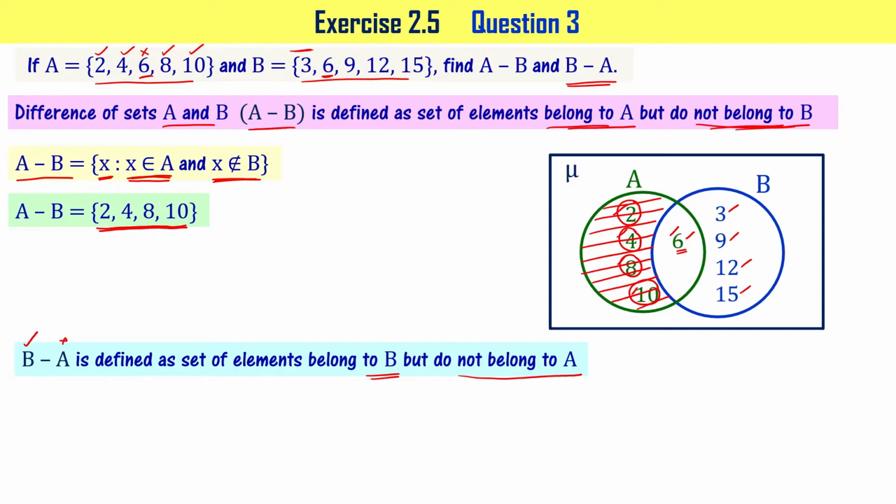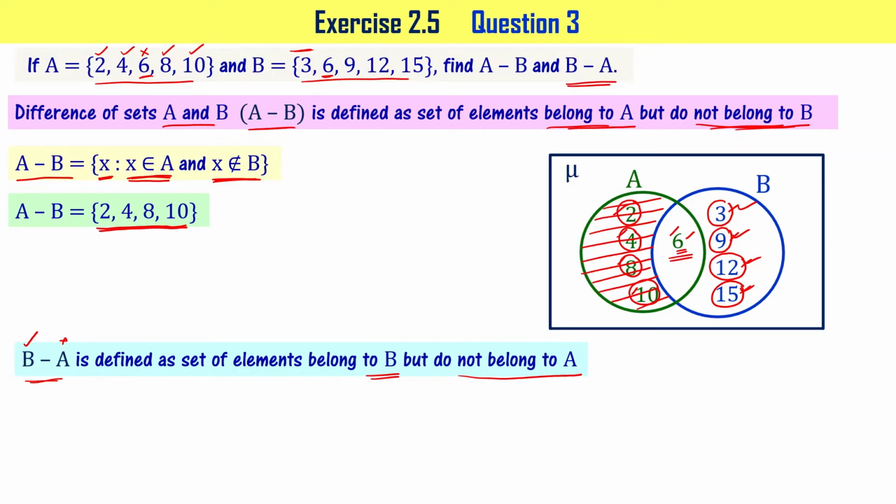Now, 3 belongs to B but not to A, 9 belongs to B but not to A, 12 belongs to B but not to A, and 15 belongs to B but not to A. That's why we can include these 4 elements 3, 9, 12 and 15 in the set B minus A. But 6 is not going to be part of B minus A also.